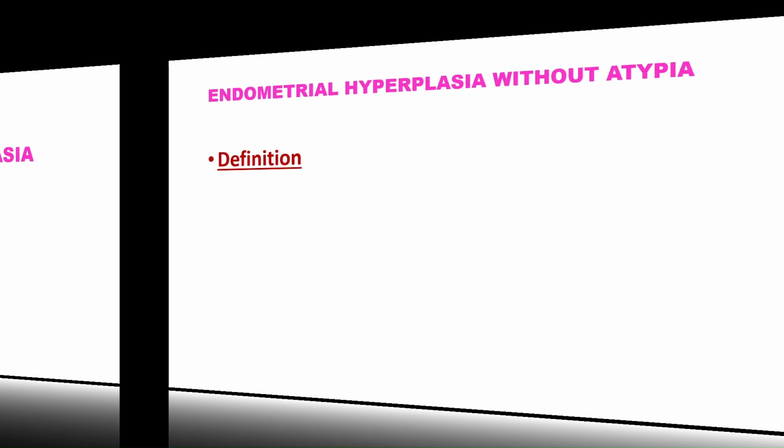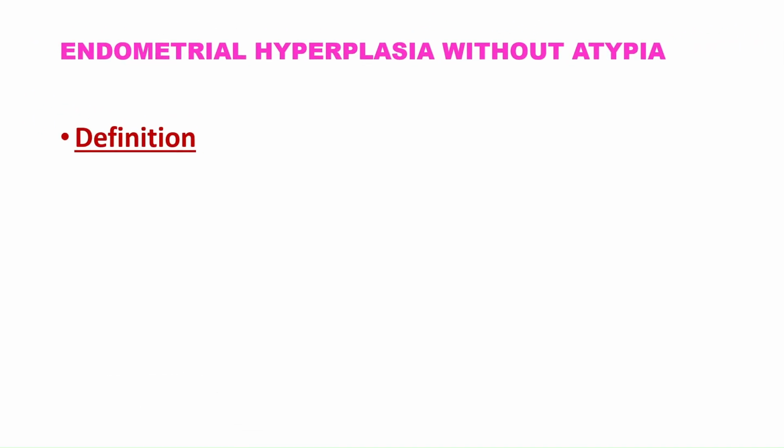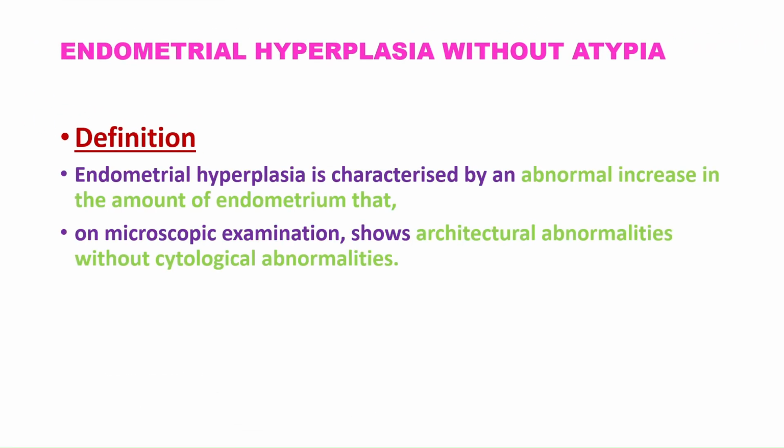So first, endometrial hyperplasia without atypia. What is the definition? It is an abnormal increase in the amount of endometrium that shows architectural abnormalities without cytological abnormalities.